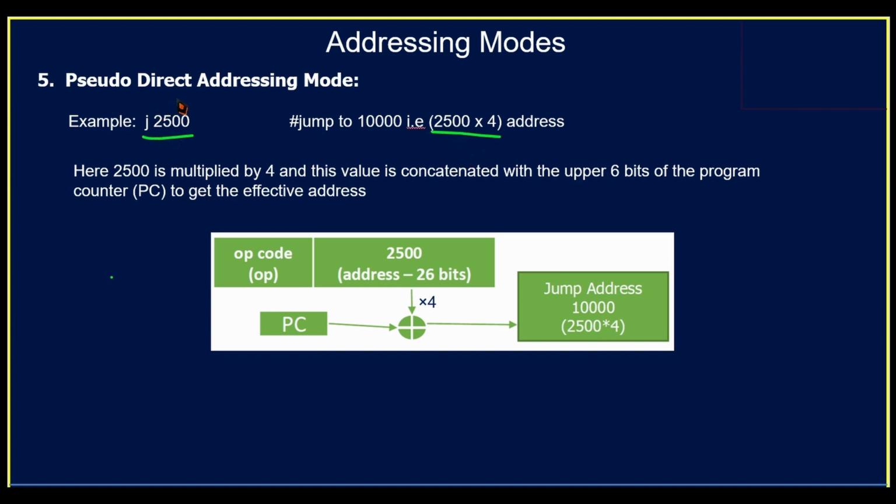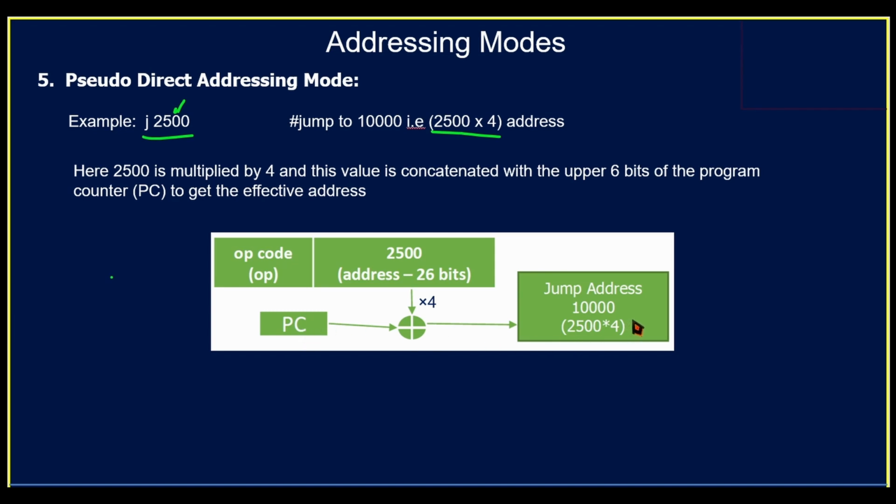So you remember that in the instruction you are giving some value. Actually, it is not the address value. It is how many instructions you have to cross. That is why we are multiplying it by 4 because each instruction has 4 bytes. So if you execute this instruction, the processor will go to 2500 into 4, that is 10,000 address, and it will start its execution from there. 2500 is here, you multiply it by 4 and you add this value with the current program counter value, right?